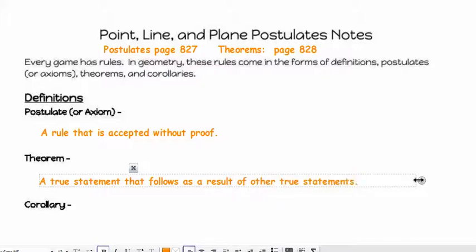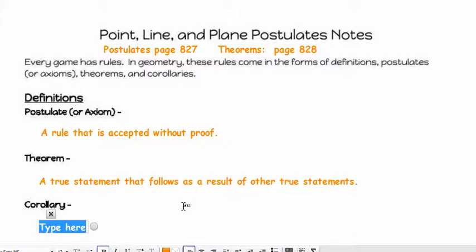So it's as if one true statement leads us to another thought, which leads us to another thought, which may turn into a theorem. All of these things that we're going to be studying were established as theorems or postulates or corollaries many, many years ago. It all goes back to a guy by the name of Euclid, a Greek mathematician. If you want to look him up or want more information, I can give you that later.